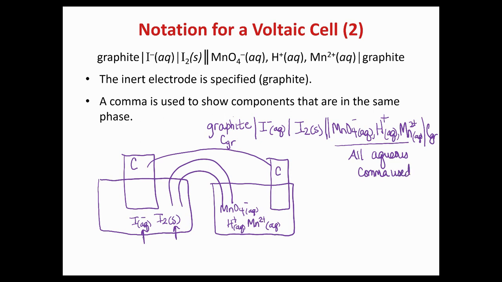The I minus is aqueous, but iodine is a solid. That's why there's a line. Okay, and then so this is a shorthand notation so that if you see the shorthand, you know how to build the battery. And then again, always anode first, double line, cathode stuff.